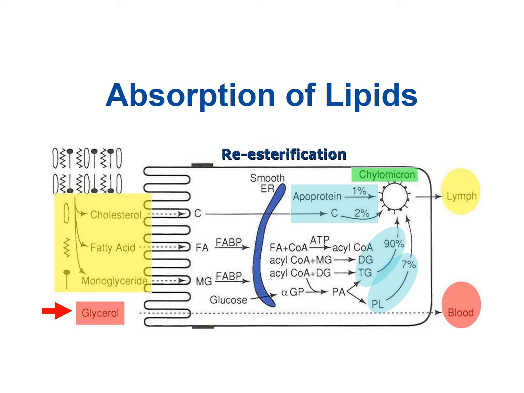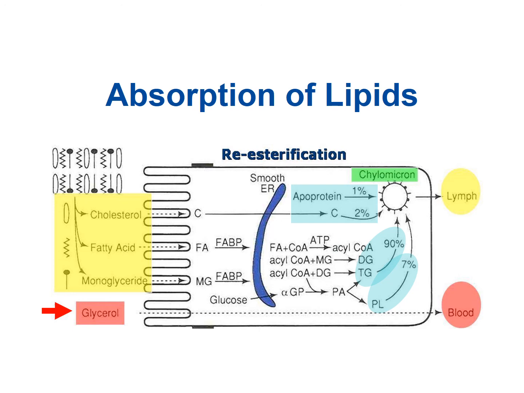So what are the components of the chylomicron? How did chylomicron form? There is a protein that's called apolipoprotein or apoprotein. That's 1%. There's cholesterol, 2%. Triglycerides, which is basically from fatty acids and monoglycerides and diglycerides, forms triglycerides, 90% of the chylomicron.